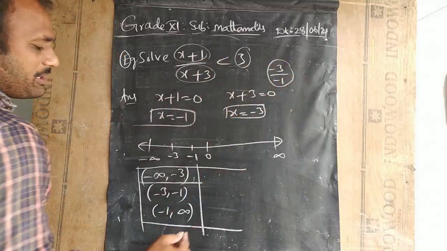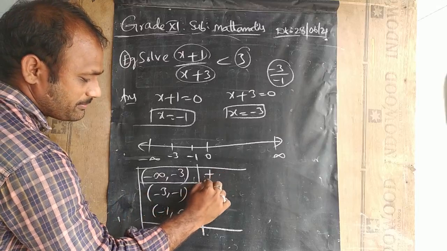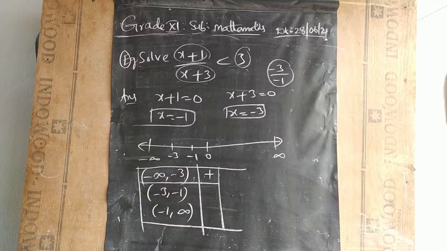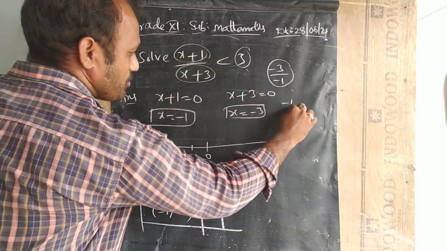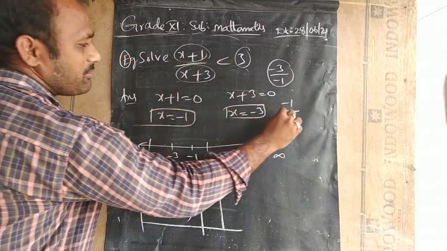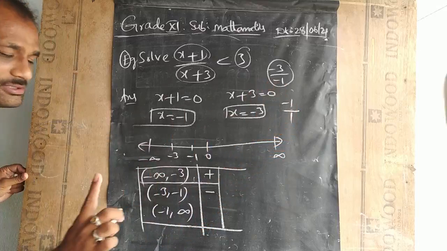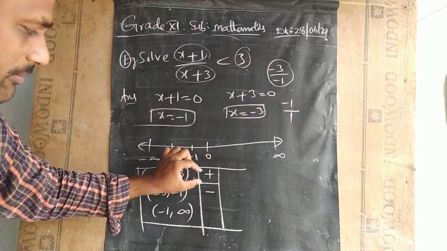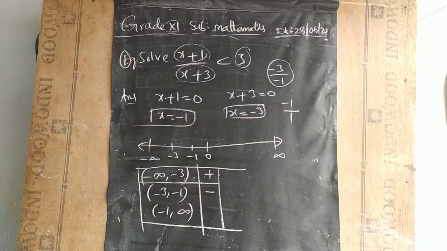So minus 3 by minus 1 gives plus 3, a plus number. For minus 3 to minus 1, I will take minus 2. Minus 2 plus 1 is minus 1, minus 2 plus 3 is plus 1, so we get a negative symbol. We are looking only at the symbols, not the numbers. Minus minus gets cancelled, so we get a positive. Here minus by plus will be a minus number.